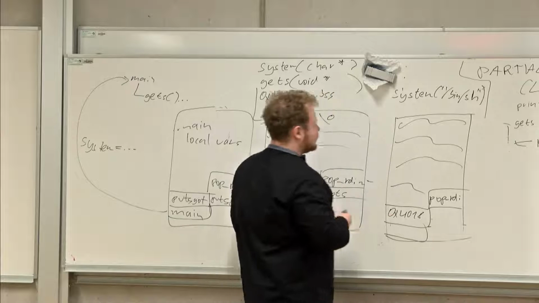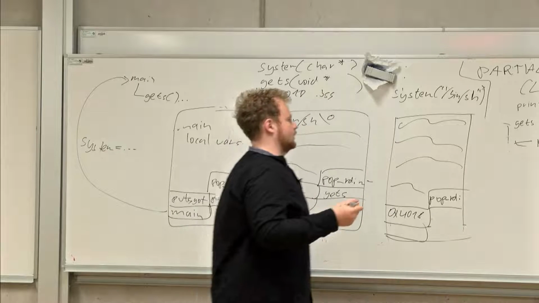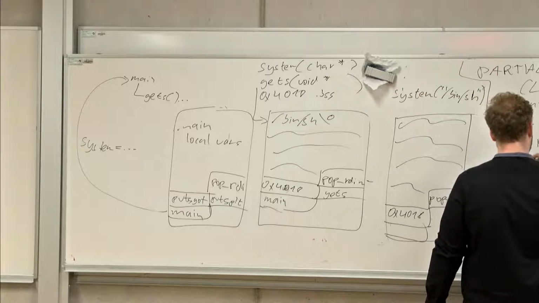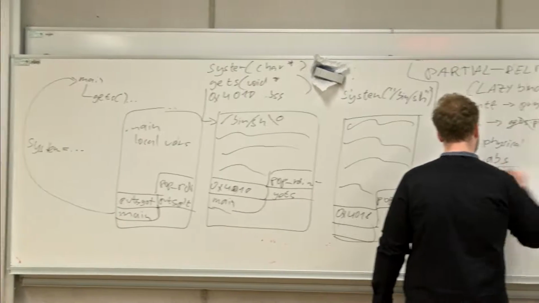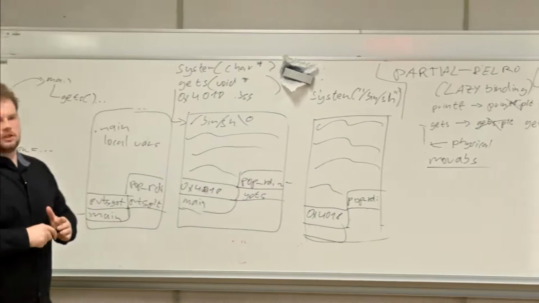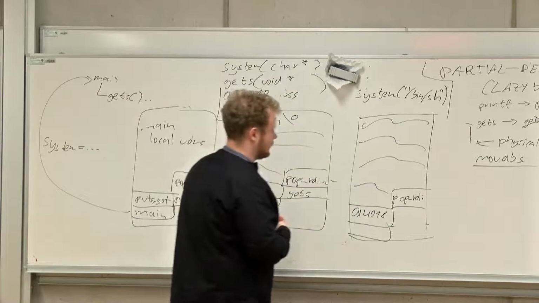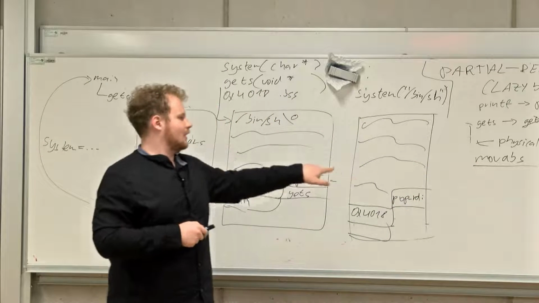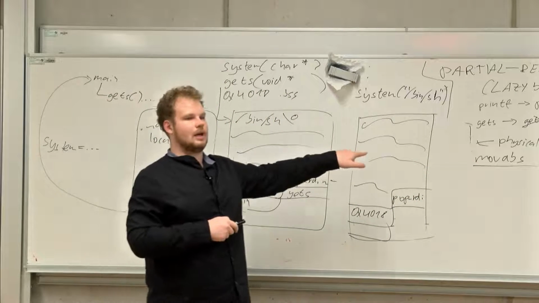Inside system, there's an instruction that's part of the x86 instruction set. It's movaps. It's a very annoying instruction. Why is it annoying? Because in order to work, it needs the stack pointer to be aligned to 16 bytes.